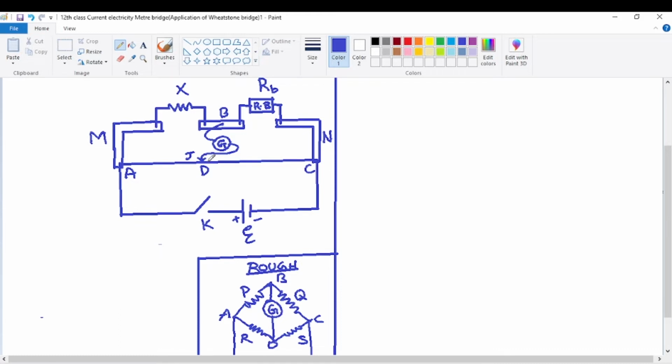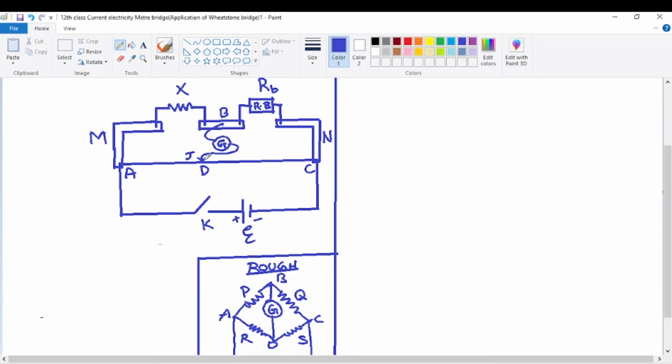Now the purpose of this metal rod: it has two ends. Imagine that the metal rod is vertical like this, with a top end and a bottom end. Between the brass strip B and the top end of the metal rod, a galvanometer is connected. The bottom end is free.